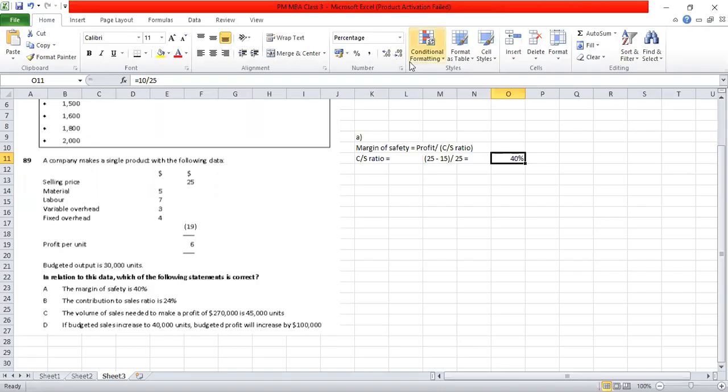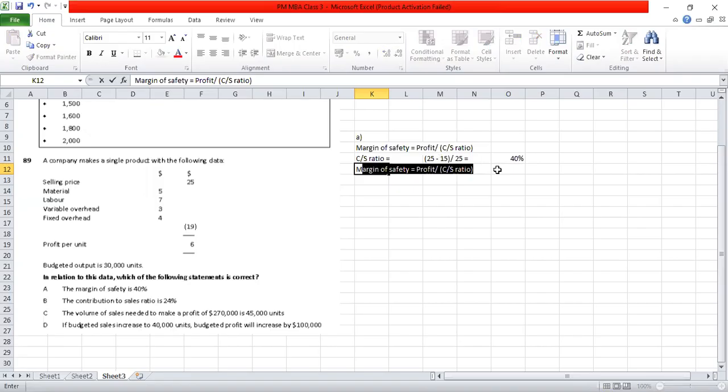So if we calculate margin of safety, which is profit by PV ratio, profit is 6 divided by 40%, which is 15. So A is wrong.